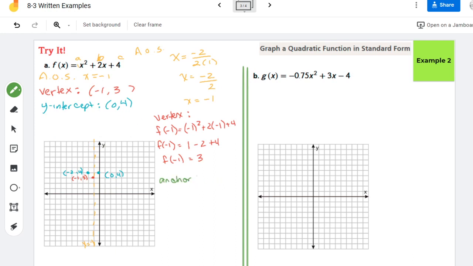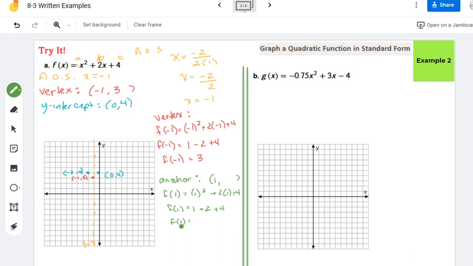The value I'm going to pick is the number 1 and plug it in, just because 1 is an easy number. When I do that, 1 squared is 1, 2 times 1 is 2, and the 4 comes down.